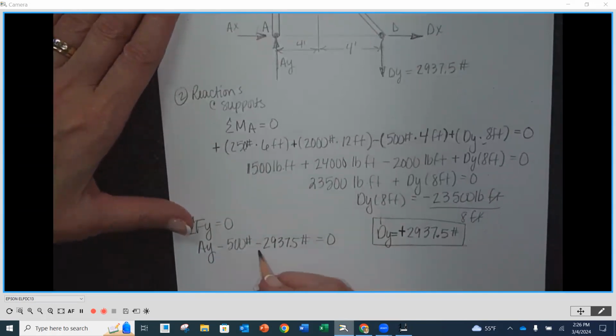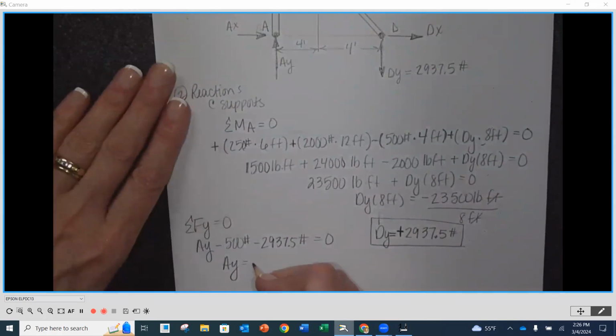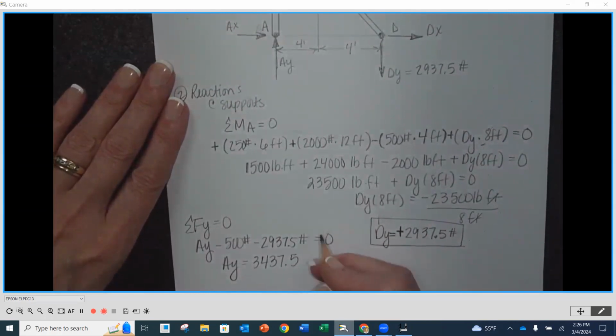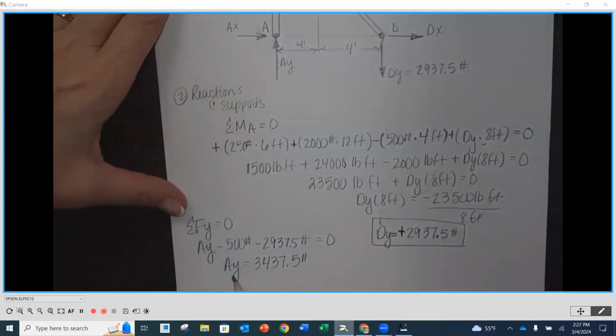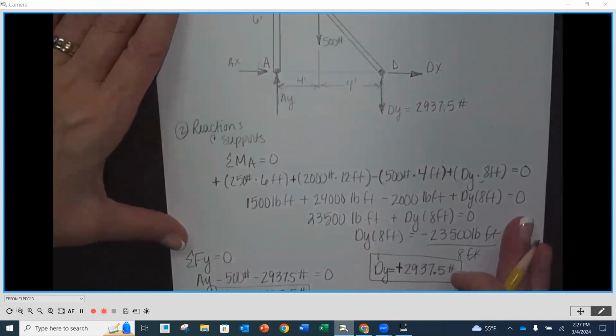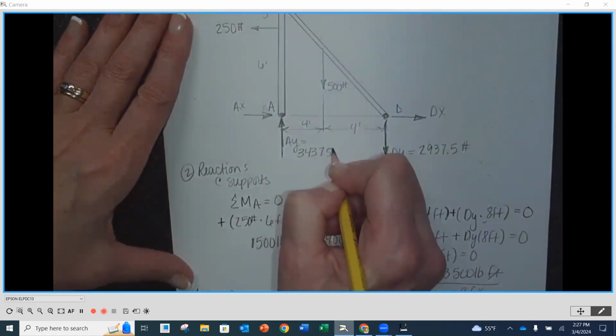So combining those two and putting them to the other side, my ay will be, you should get 3437.5 pounds. Yep. And a positive value means that we assumed the correct direction for this one.